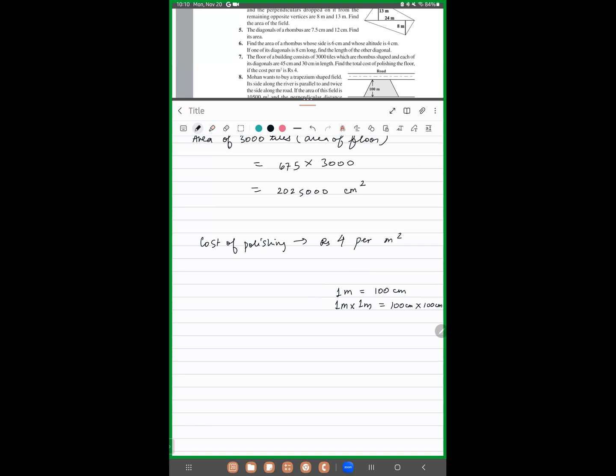So 1 meter square is equal to 1 followed by 4 zeros centimeter square. So the relation between meter square and centimeter square is this.